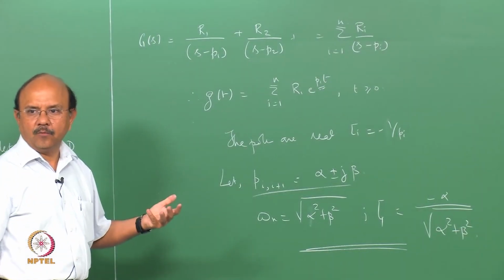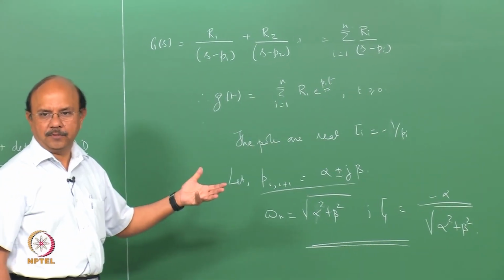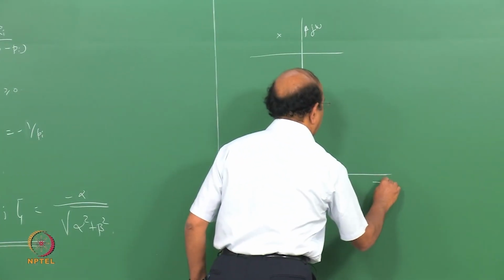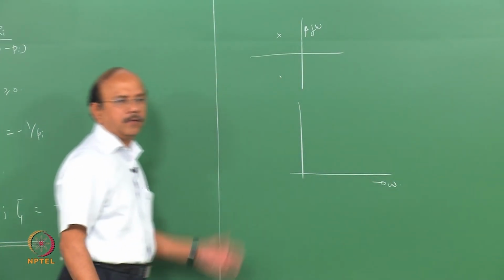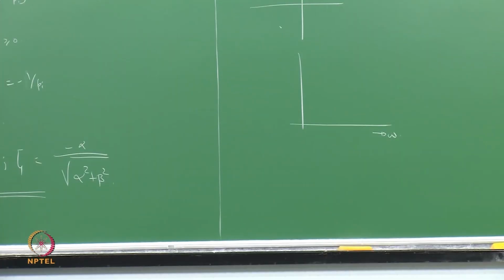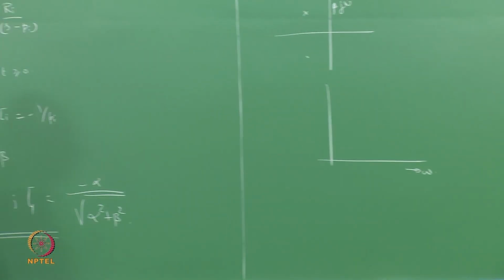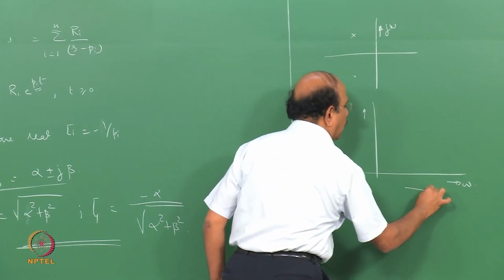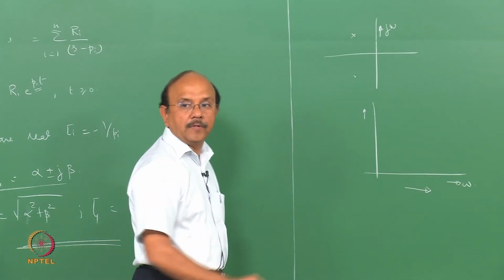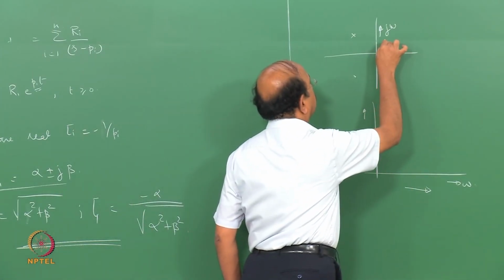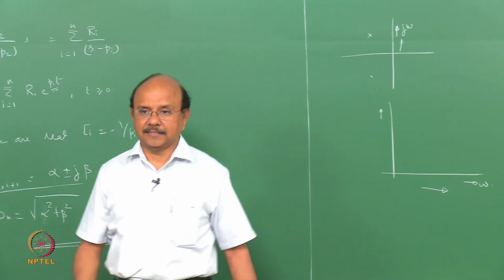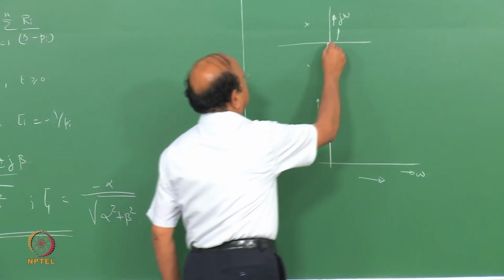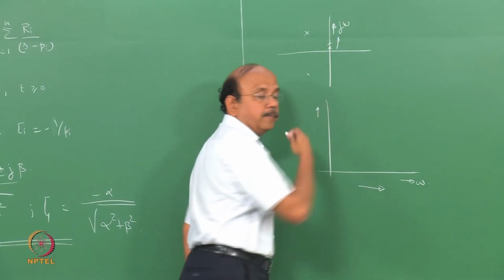In other words, when I want to plot the frequency response, then I plot omega here, and the response in the y direction, or on the y axis. So you would notice that actually as I go along omega, I go up that axis. At various places, I go up this axis.